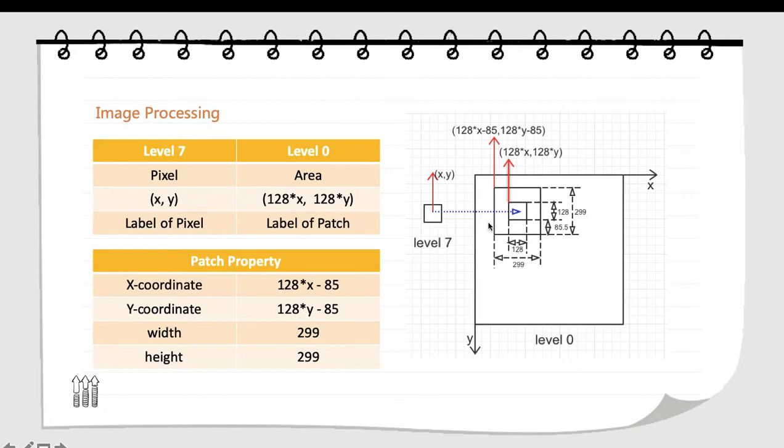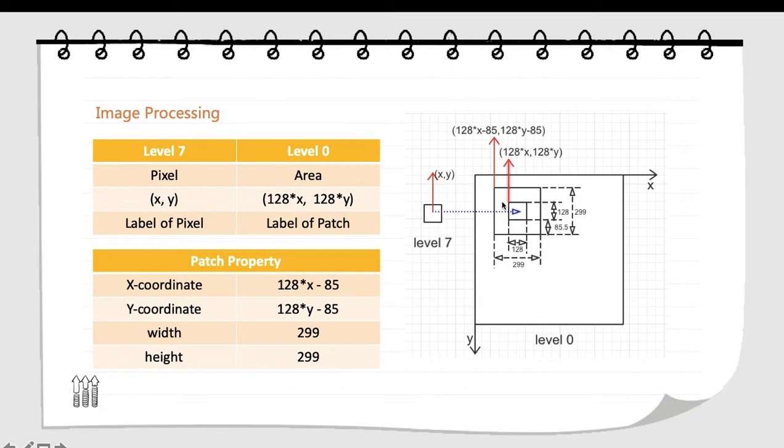Then, the original point of this area is (128x, 128y). According to this, we extracted a 299 by 299 patch with the original point (128x - 85, 128y - 85).